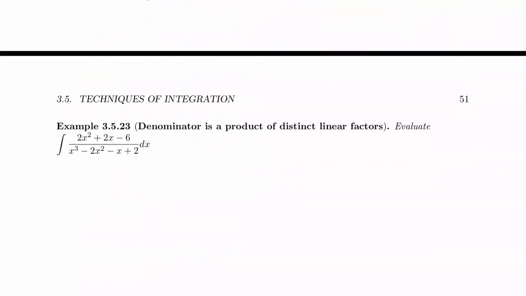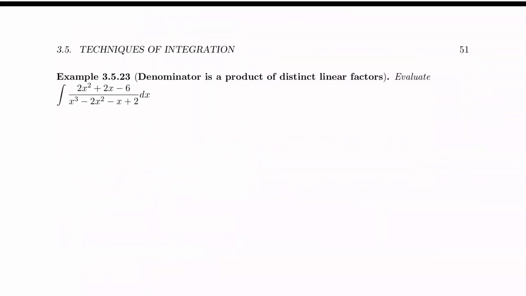Okay, so for the first case, let's say that the denominator is a product of distinct linear factors, and we wish to evaluate this integral over here. Well, by distinct linear factors, we mean that since the degree of the polynomial of the denominator is 3, we should have 3 linear factors here. So let's have a look at the denominator.